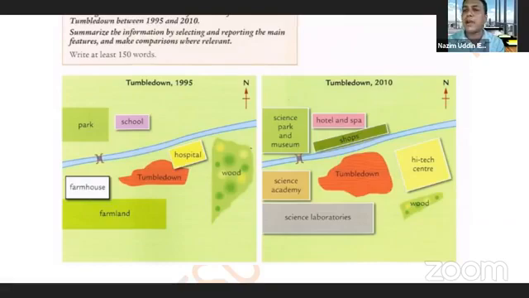They also made a high-tech technological center in the place of the wood shops, and the wood shop has been moved down to Tumble Down. They made a science academy and a science laboratory. Lots of things they have changed.